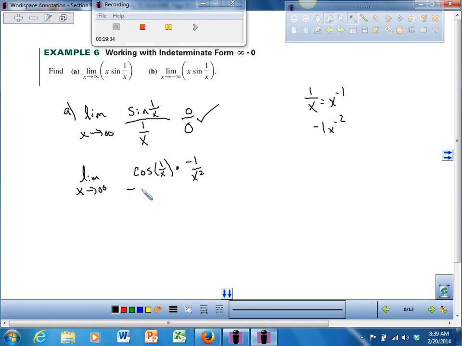And that all is over what? No, derivative. We've been doing a lot of integrals, I know. Negative 1 over x squared again. And then what happens? We have a nice cancel, yes? And now we can reevaluate our limit. When we plug in infinity, or we think about a gigantic number, as x goes to infinity, 1 over x goes to 0. Cosine of 0 is 1.